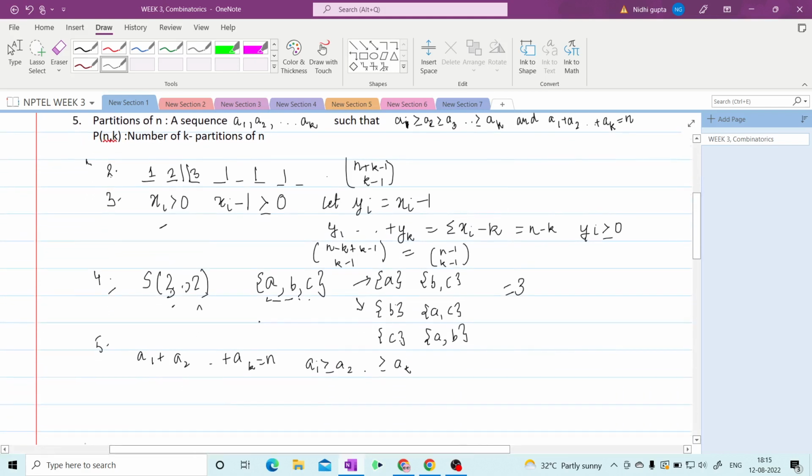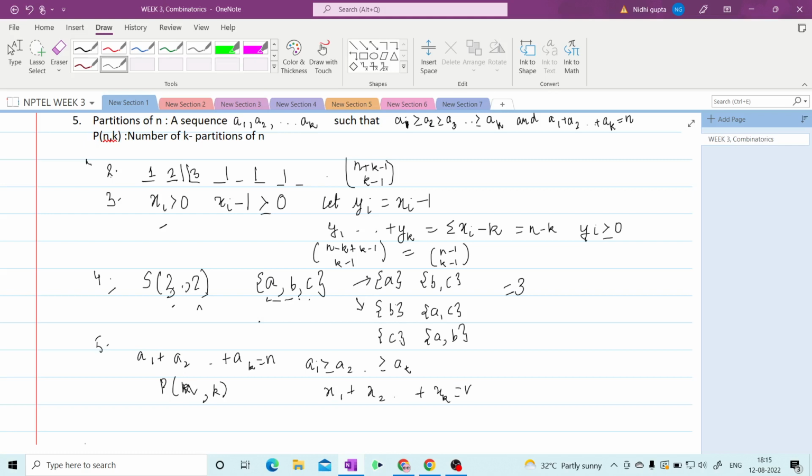So if we have p(n,k), and if we have the composition x1 plus x2 plus xk equal to n, how are these different? If we want to compute a composition, x1, x2, xk can take any values. But if we want to compute a partition, we should have a decreasing sequence. That is, x1 should be greater than or equal to x2 and so on to xk.